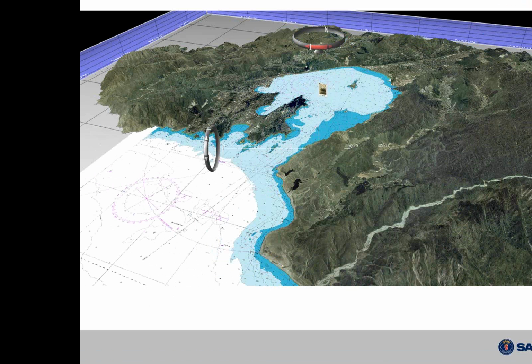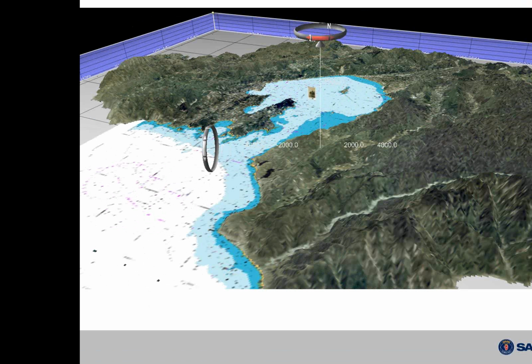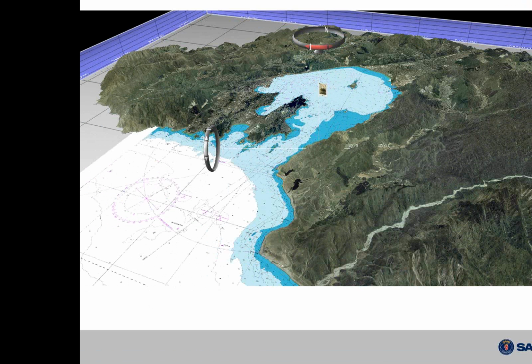The terrain is at pretty much the highest resolution already while interacting, and most importantly, your chart that is in as a 2D geo-image is at a resolution that you can now see the details while interacting. So I'm just going to switch back to the original 7.3 and then move to 7.4. Definitely a big improvement in terms of the resolution that we can provide of the data during interaction.